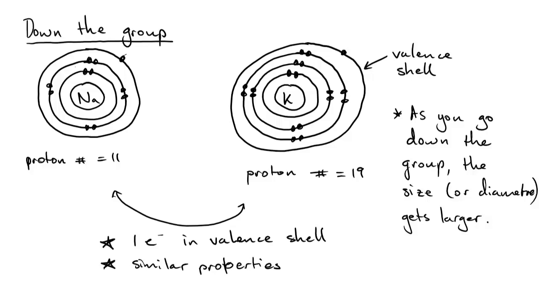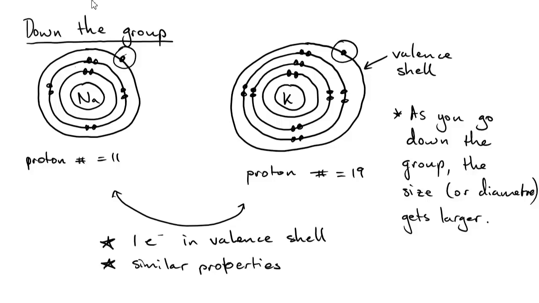Now, another thing that we need to consider, so you're not going to have this sort of difference between metals and non-metals. And the reason why is because, as I mentioned, as you progress down a group, in both cases the elements have exactly the same number of electrons in the final shell.